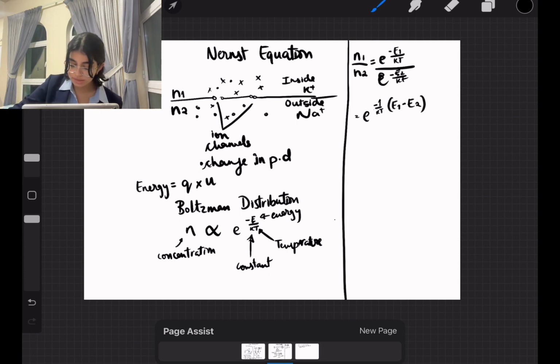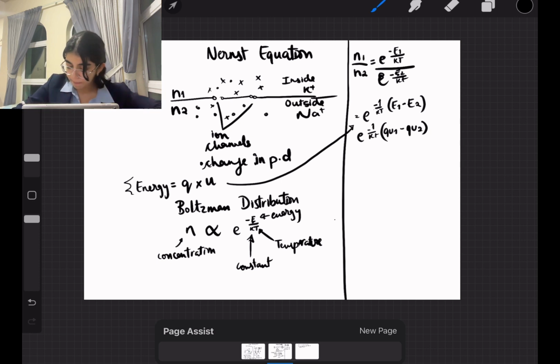And the equation that we had just talked about, the energy equals charge times U, can be substituted in this formula, where it's E, so e to the power of negative 1 by kT times qU1 minus qU2, and this can be further simplified into e to the power of negative q over kT times U1 minus U2.